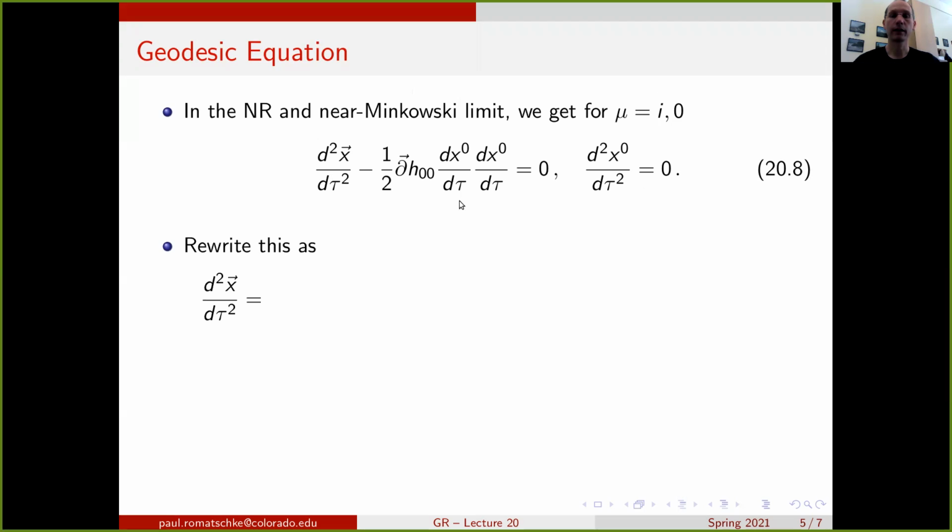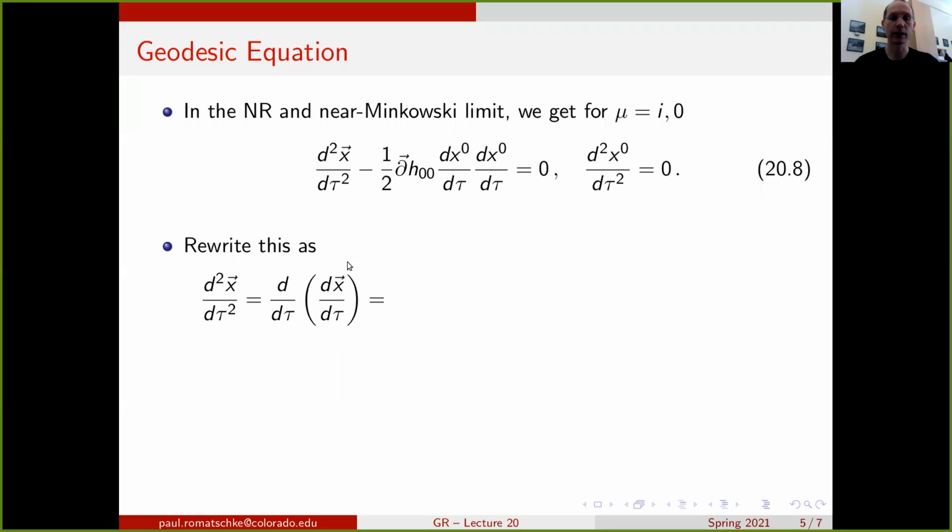We'll take the space-like parts of this, and we want to rewrite, in particular, the second derivative of the space coordinates with respect to proper time as follows. We first write it as the first derivative of the first derivative of the coordinates.